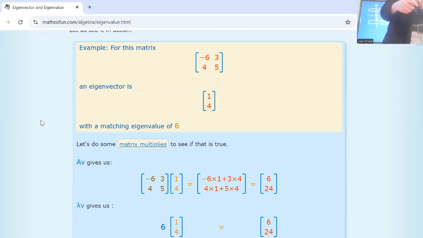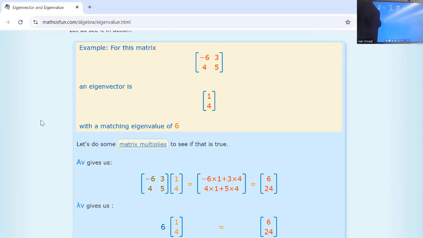How do you know that? Because I can multiply 6 times this and obtain this. And if I multiply the matrix by this vector, I obtain the same values. In other words, let's do it step by step. Matrix times eigenvector gives you an eigenvalue times the vector.